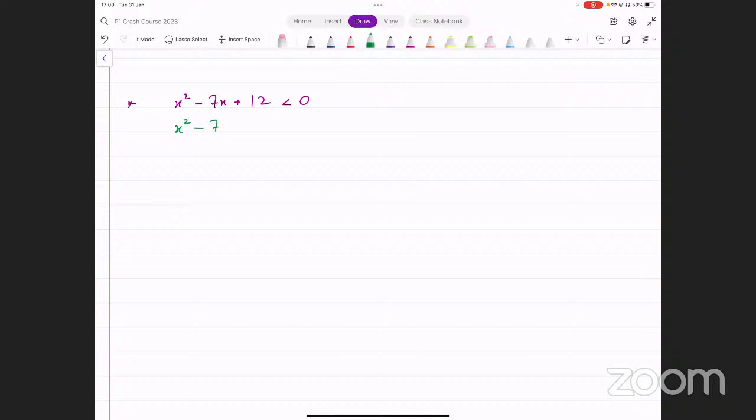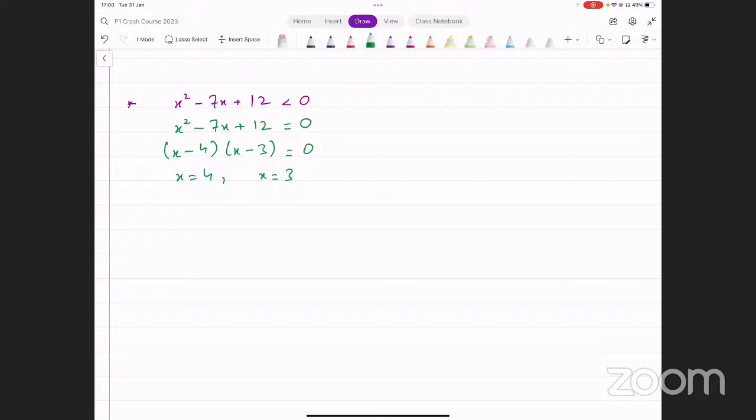You say x squared minus 7x plus 12 equals 0. And then you solve that equation. You factorize this. You've done this before. The factors turned out to be x minus 4 and x minus 3. These were the two factors that we were getting, and we got x equals 4 and x equals 3 from this.